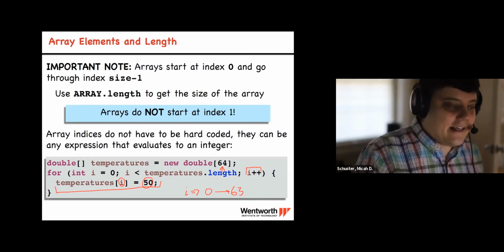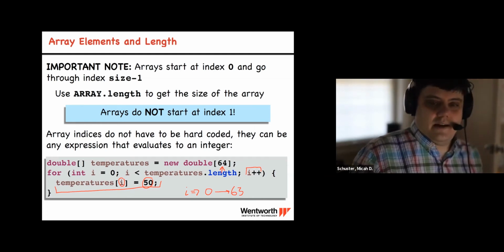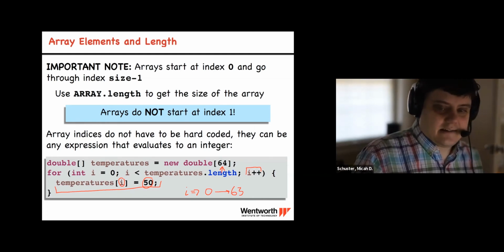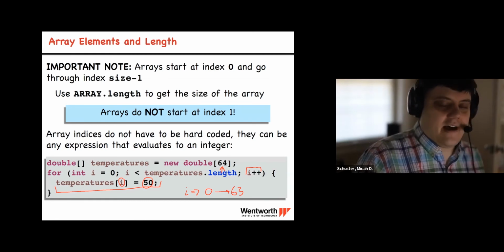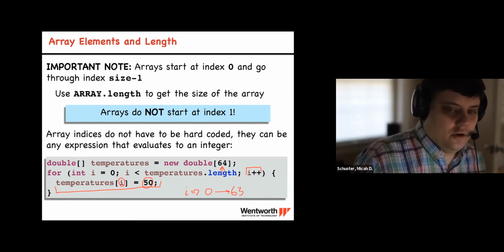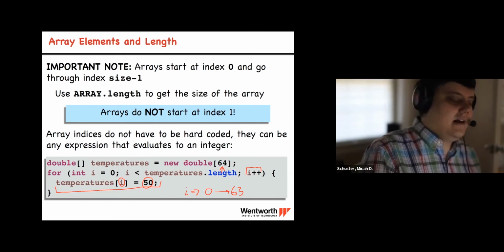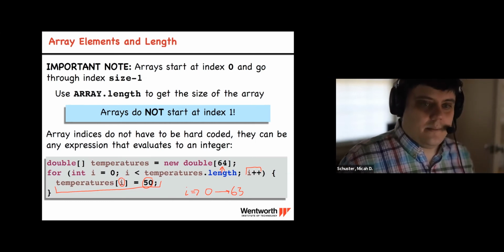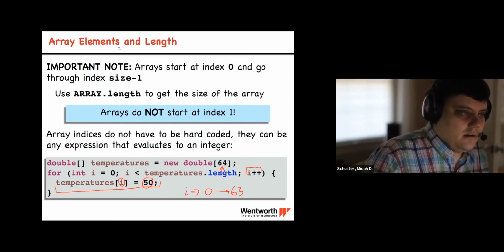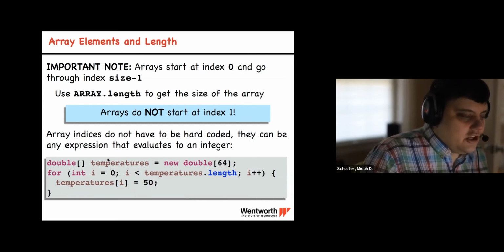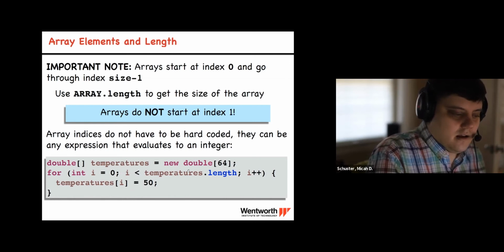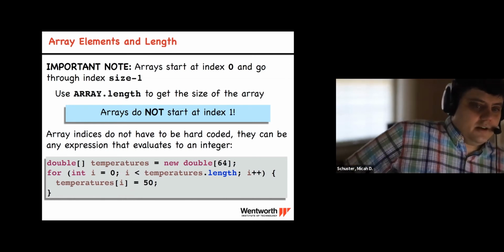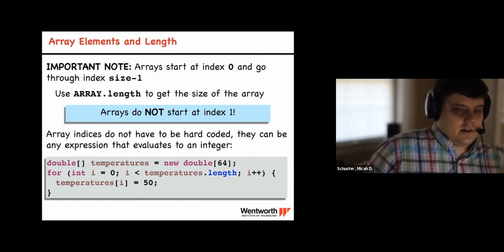So this is why loops are used with arrays, because you can loop through the index and then modify the values of the array inside of a loop, rather than manually typing in temperatures[0], temperatures[1], temperatures[2], and so on. So the usage of this loop with the array, does anyone have questions on this? You'll be doing this a lot in the future, I guarantee it.